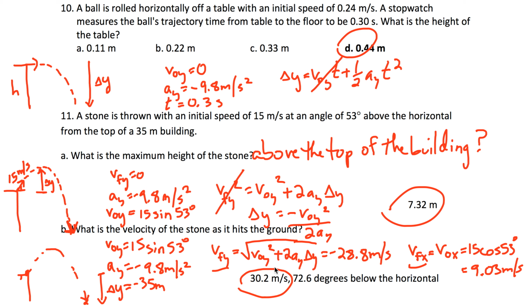And then again use the inverse tangent of the y component over the x component, and you'll get 72.6 degrees. Since v final x is going this way and v final y is going down, and you know that v final is going this way, this angle that you found here is below the horizontal. So that's why I called it 72.6 degrees below the horizontal.